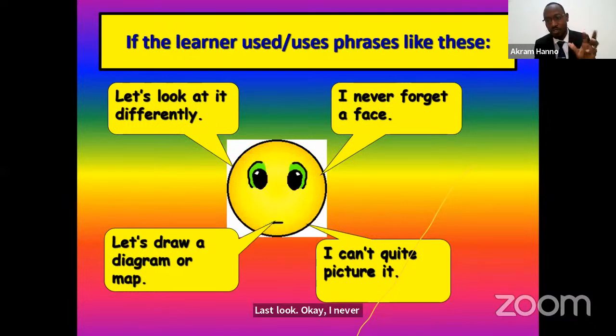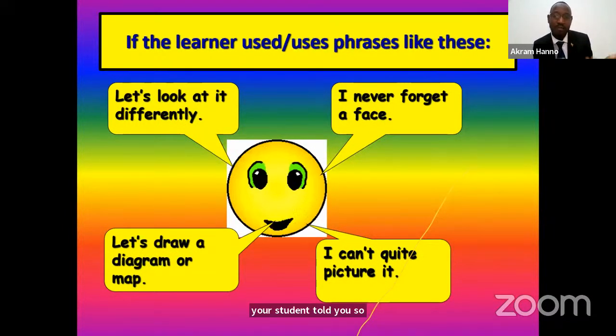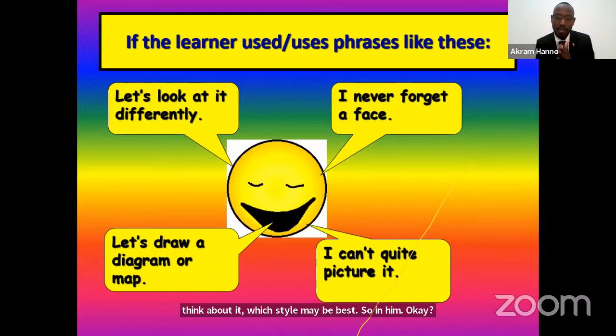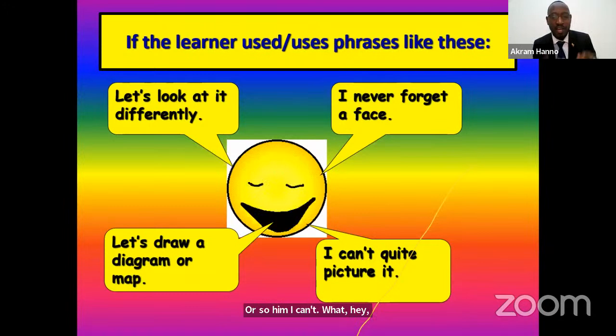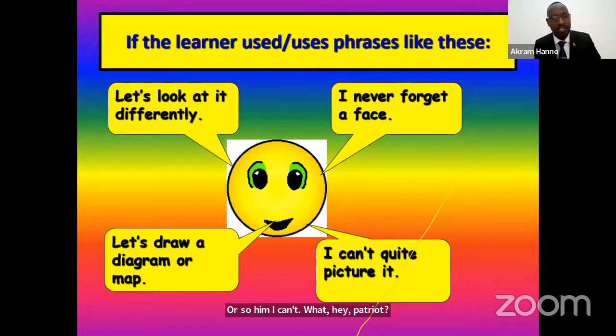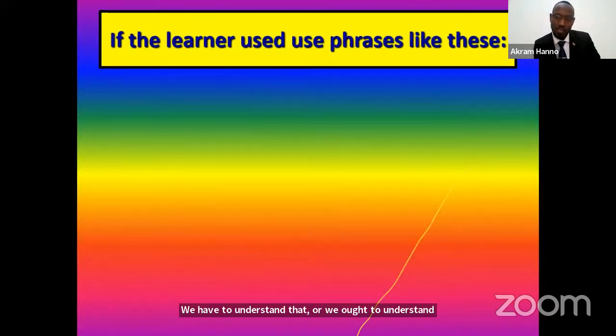If a student told you so, think about it: which style may best suit him? "I can't quite picture it," or "Let's draw a diagram or map." We ought to understand that this is a visual student, who has a visual learning style.